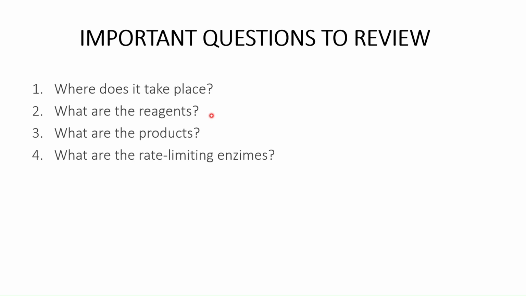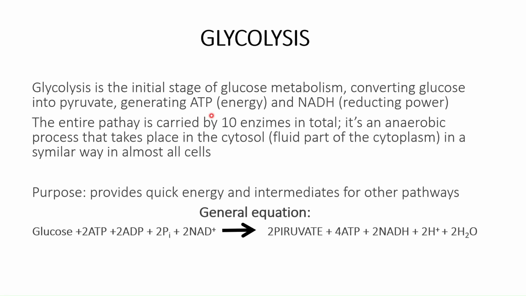Okay, so once we learn those things, you're going to be able to say that you do understand the chemical pathway. So in this case, we are going to talk about glycolysis. Glycolysis is basically the initial stage of glucose metabolism. So glucose is going to become pyruvate, and it's going to generate ATP, which is energy, and reduced NAD or NADH, which is reducing power. The entire pathway is carried by 10 enzymes in total.